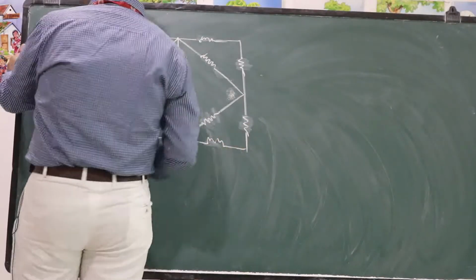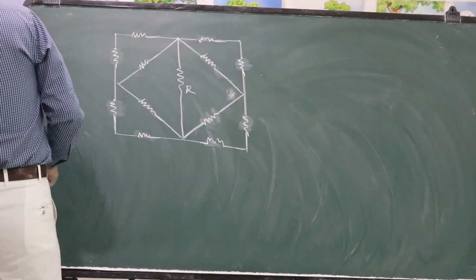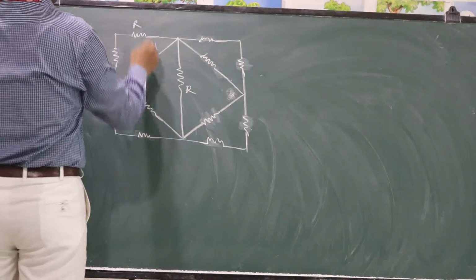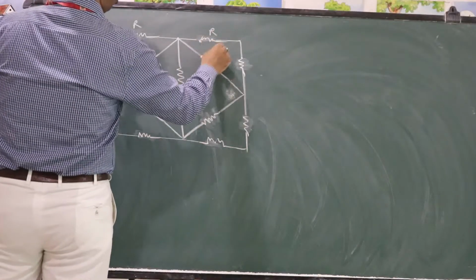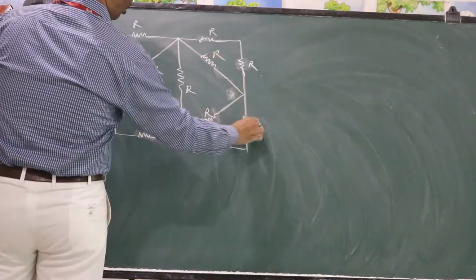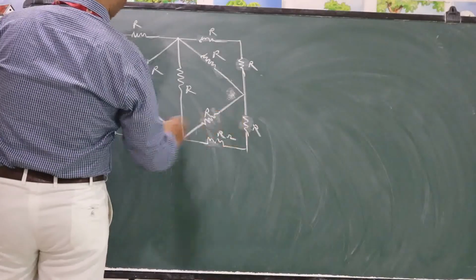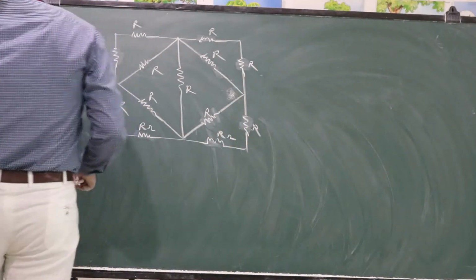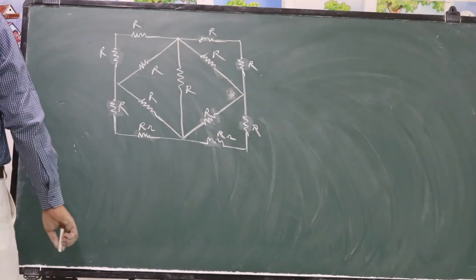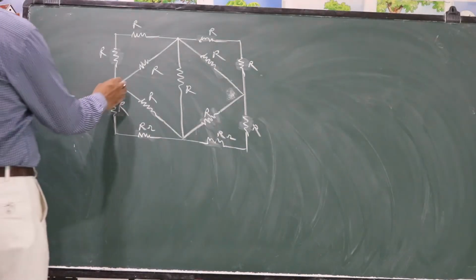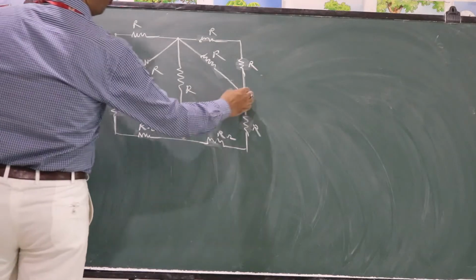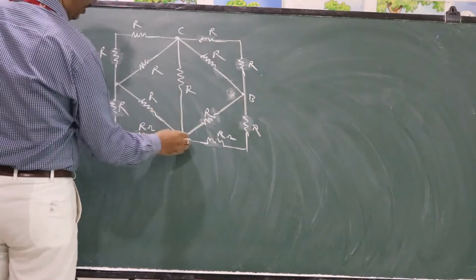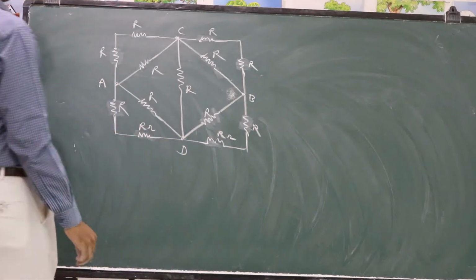So, this is the complex circuit and the values of resistances are identical. Everything R, everywhere R ohms. You are asked to find equivalent resistance between A and B.